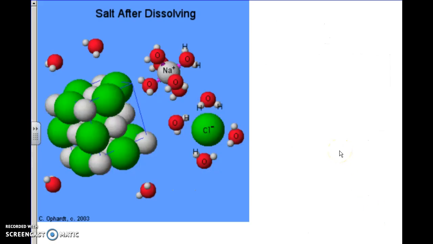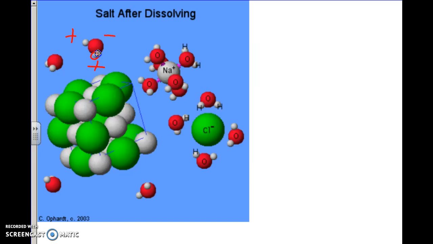This shows dissolving. In this problem, we have a salt crystal or a bunch of salt thrown into some water. And what we need to realize about water is that the hydrogens, that's these little spheres right here, have a slightly positive charge on them, and the oxygens have a slightly negative charge.